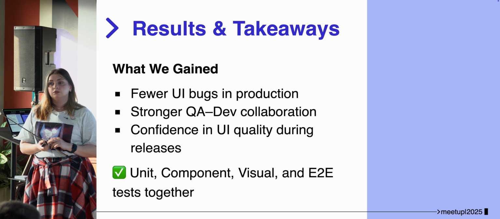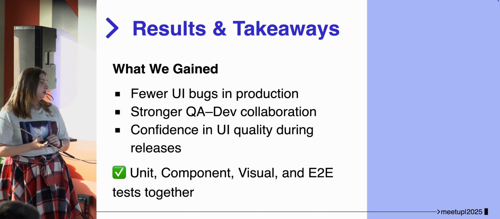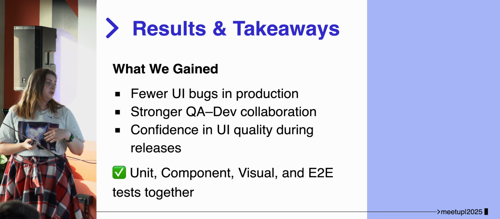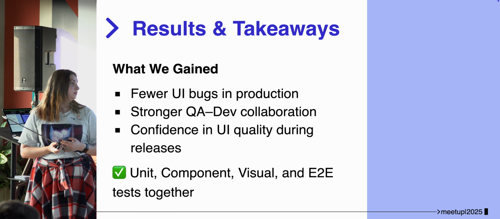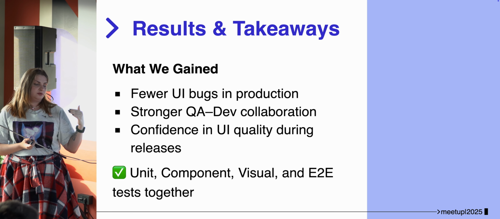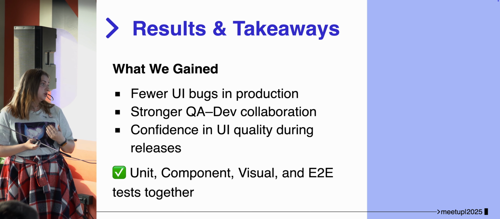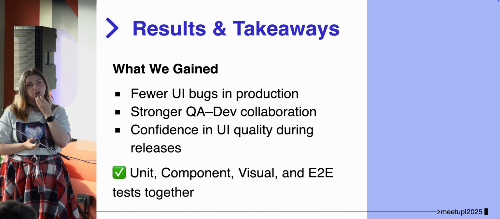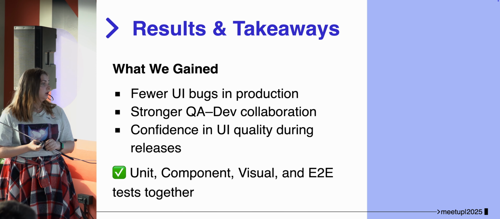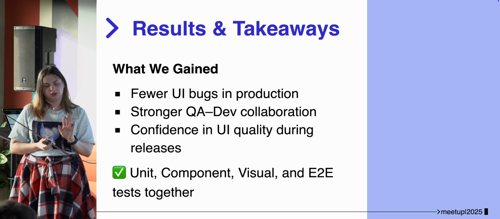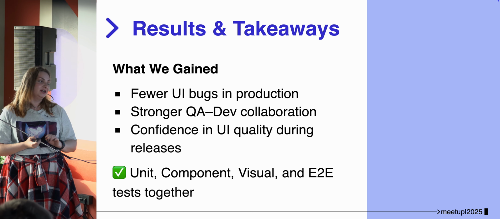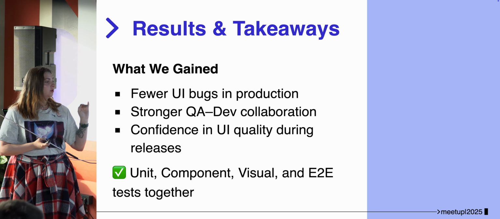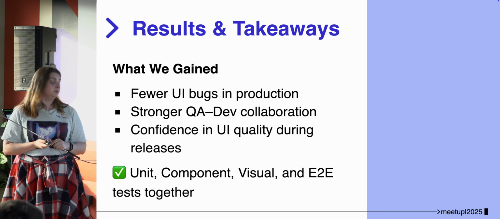So, what about the result? By using visual component tests, we gained a lot of pros. We have high confidence in our UI quality. We reduced UI bugs, and we caught around 30 bugs before releasing to production. And one more important thing, we have strong collaboration between the QA and dev teams.